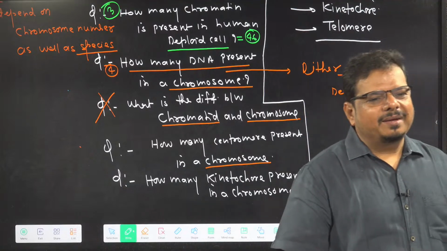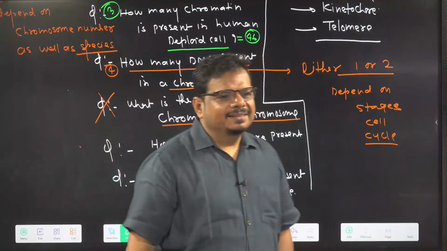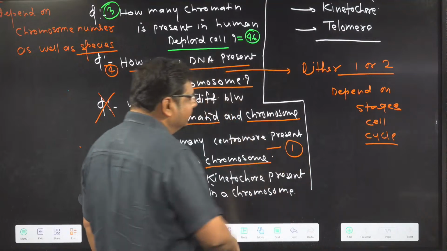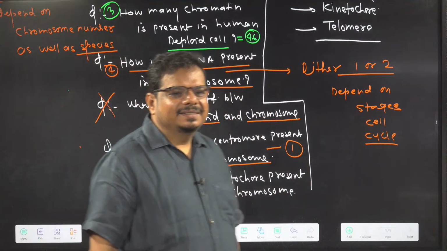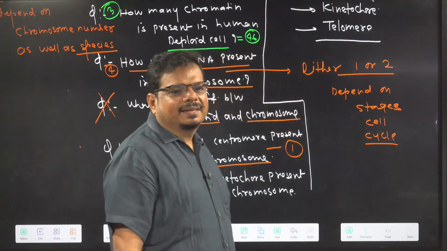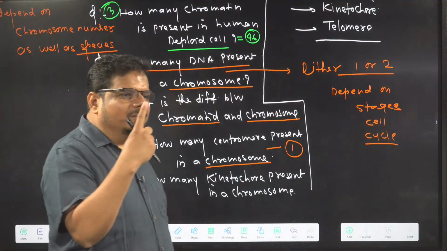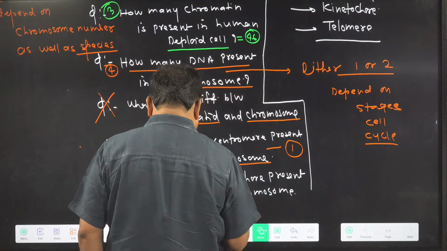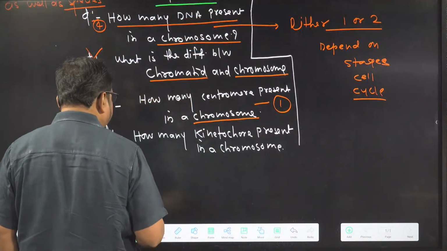Most of the students have given the correct answer, and the correct answer to this question is basically 1. Well done, very good. One chromosome has 1 centromere. Got the idea?